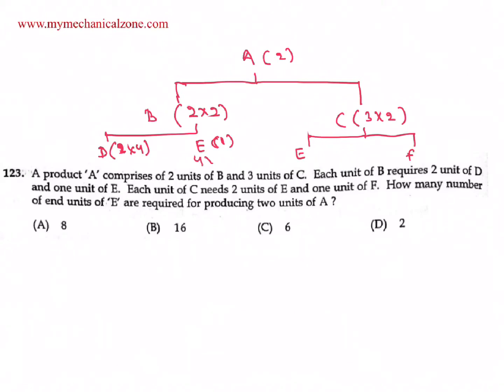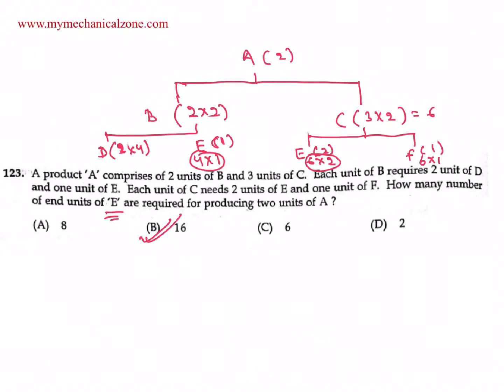Then here also E, 3 into 2 is 6, so 6 into 2, F requires 1, so 6 into 1. In this question they ask for E. So total E is 4 into 1 and 6 into 2. Total is 16. B is your correct answer, for 2 units of A. For 1 unit, total 8: 6 plus here 2, 8.